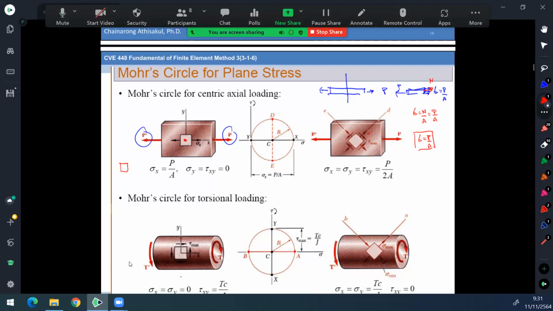You see that from this condition, it has only sigma x.